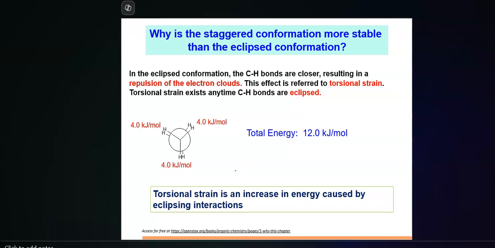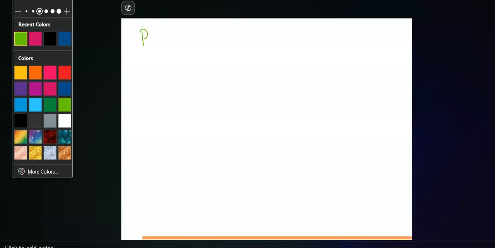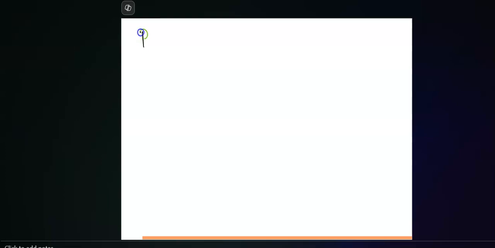Let's try it out for propane. We can again use a slide here to understand it. For propane, we can first draw out the normal line structure. It's 3 carbon atoms. If you recall, propane is C3H8.